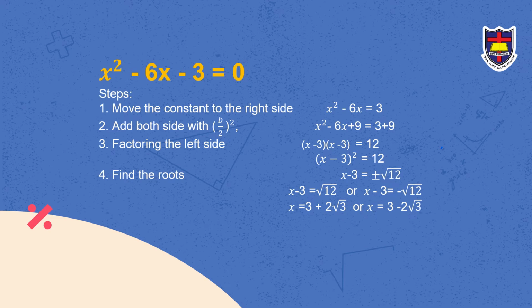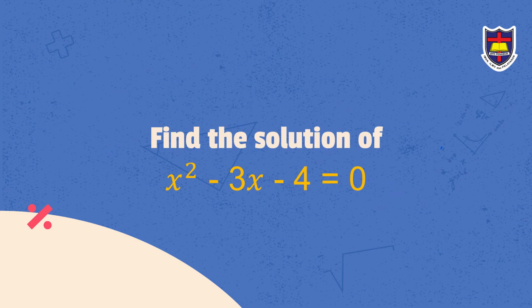So we have the roots: x equals 3 plus 2 square roots of 3, and for the second root, x equals 3 minus 2 square roots of 3. Okay, so for our next example, we must find the solution of x squared minus 3x minus 4 equals 0.